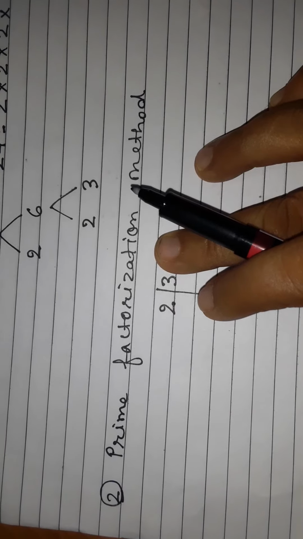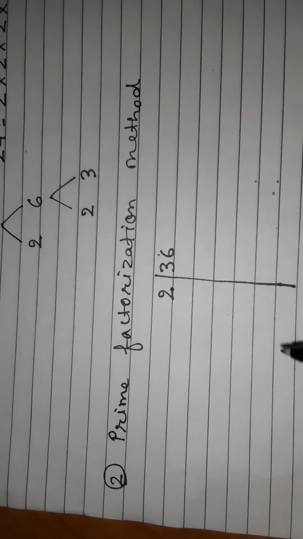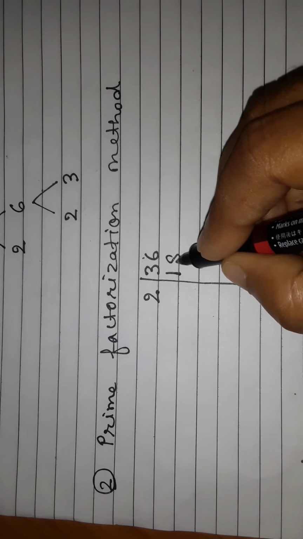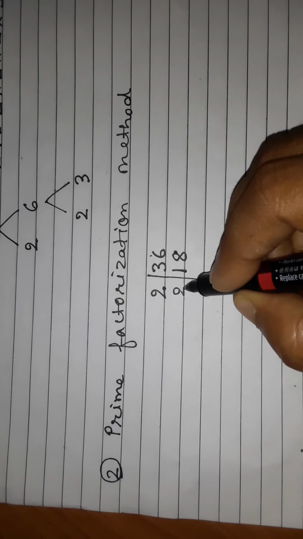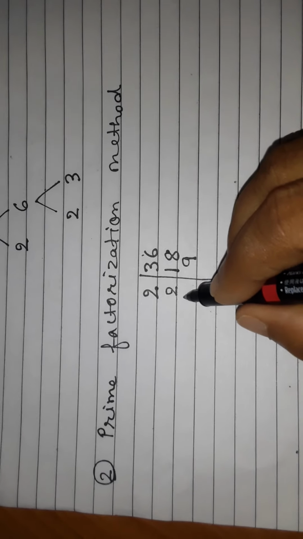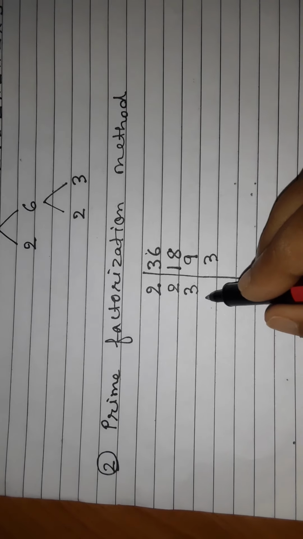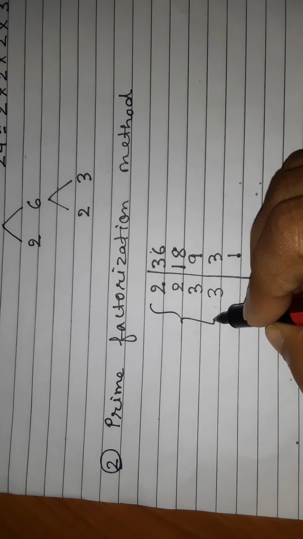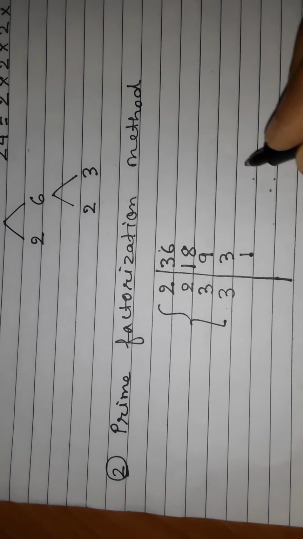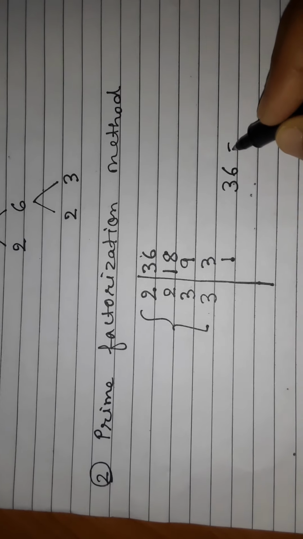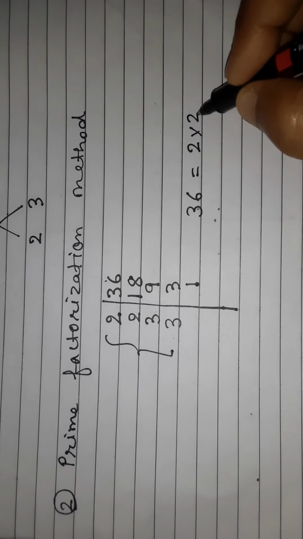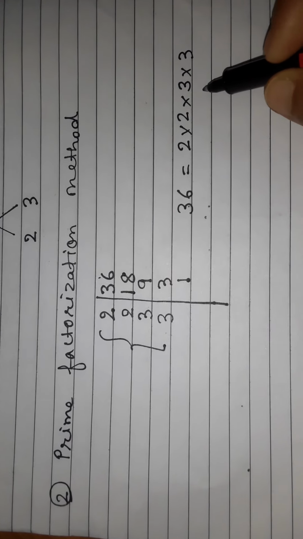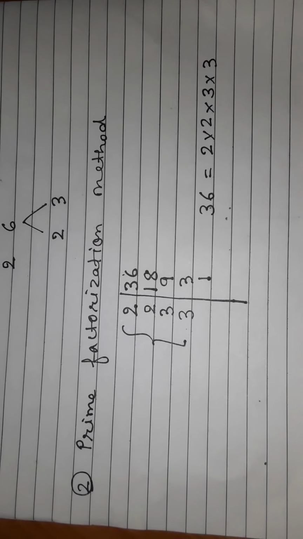But here 3 is there, so 1 is remaining. 2 8s are 16. Now 2 9s are 18. 3 3s are 9. 3 1s are 3. All these are the prime factors for 36. So prime factorization for 36 is 2 multiplied by 2 multiplied by 3 multiplied by 3. 2 2s are 4, 4 3s are 12 and 12 3s is 36.